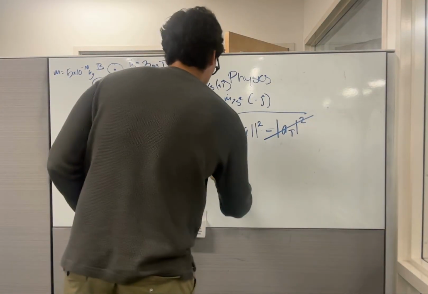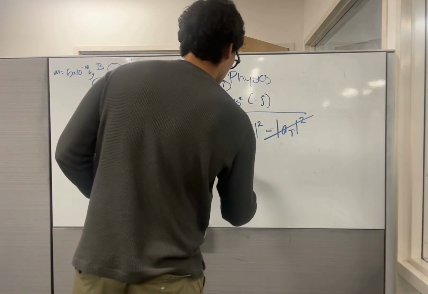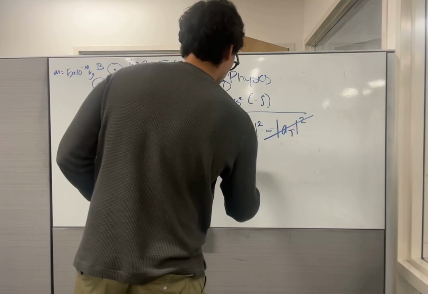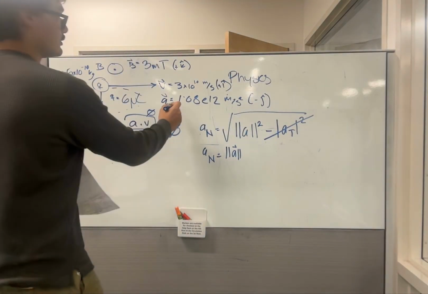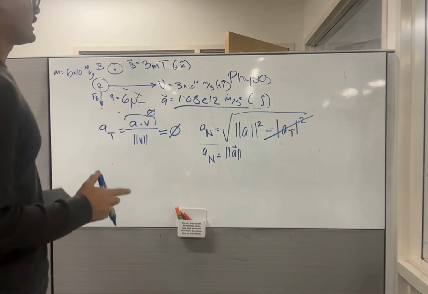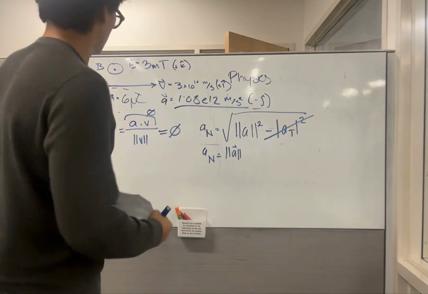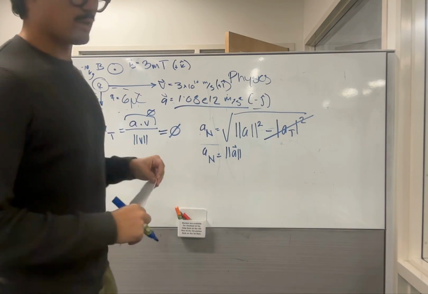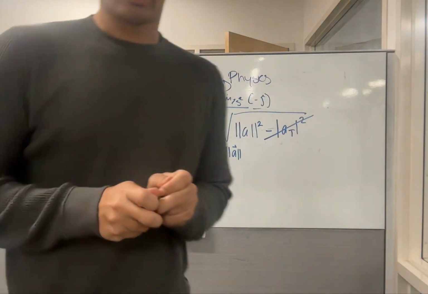So now we know that a sub n, the normal acceleration, is equal to the magnitude of acceleration, which is equal to this number, just no direction vector. So that is how you compare and contrast Calc 3 and physics. Really interesting problem. Thank you so much for your attention.